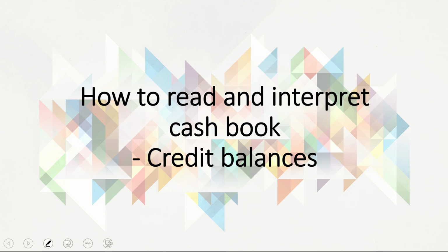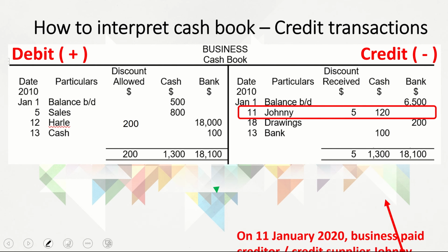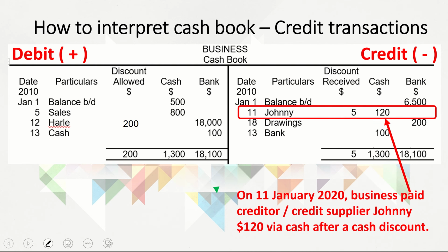So now let's take a look at credit balances. Alright, so with credit balances, we are looking at the credit column. The first one we see is this Johnny, 11th of January. So what does it tell you? It tells you that you have actually a minus a credit cash in hand of $120.